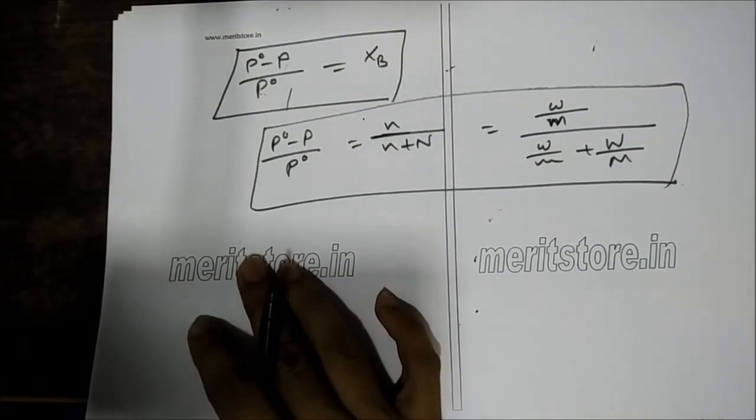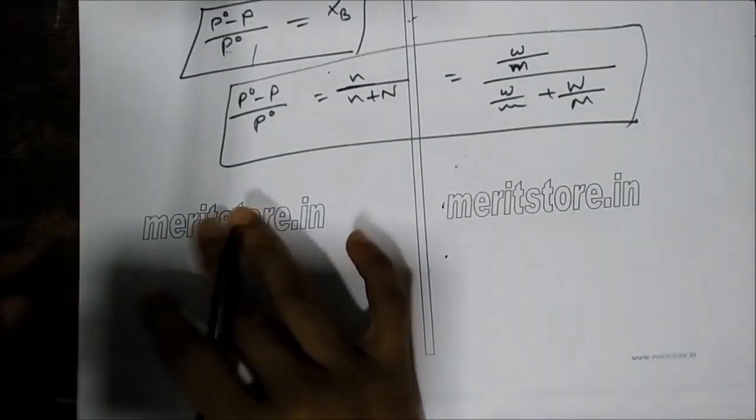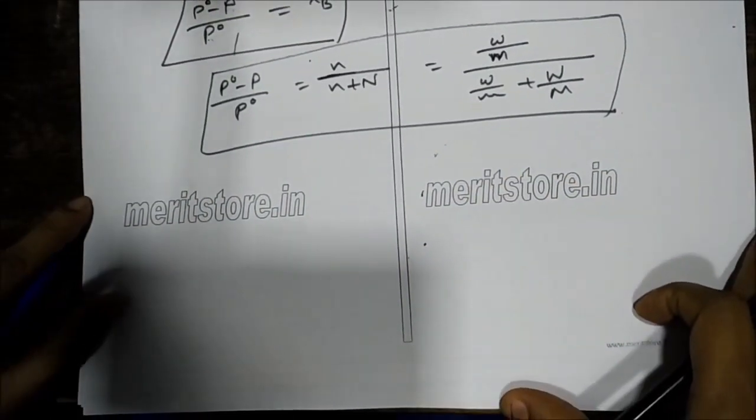So this is Raoult's law of relative lowering of vapor pressure.